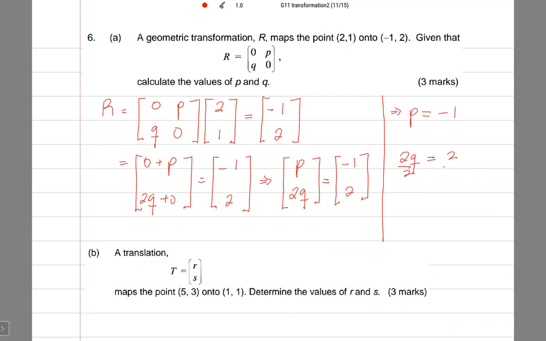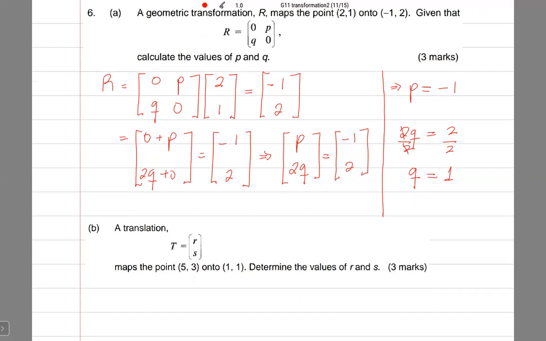Divide both sides by 2, and we get Q is equal to 1. So P is equal to minus 1, and Q is equal to positive 1. And R is actually an anticlockwise rotation of 90 degrees about the origin.